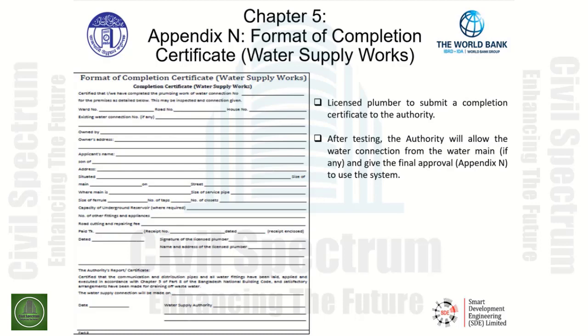As indicated here, it states: certified that I or we have completed the plumbing work of water connection, given a number, for the premises as detailed below. This may be inspected and connection given. Again, ward number, road number, house number. The plumber must state the location of the work that has been performed.